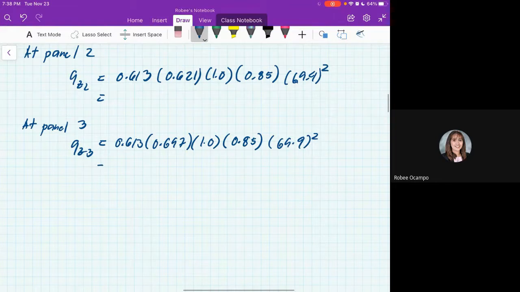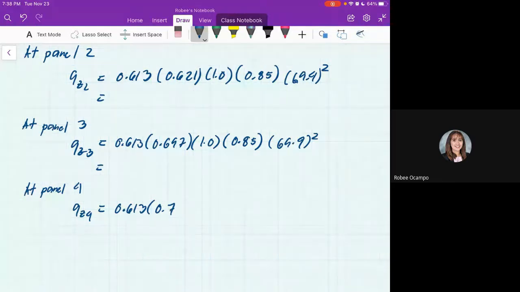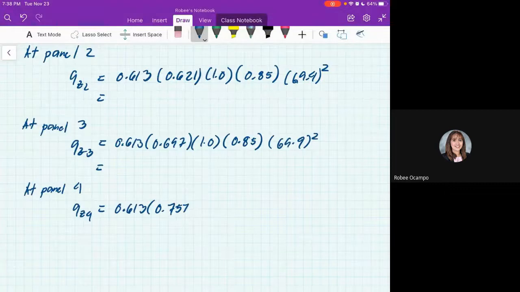At panel 4, QZ sub 4 is equal to 0.613 times 0.757 times 1.0 times 0.85 times 69.4 squared.